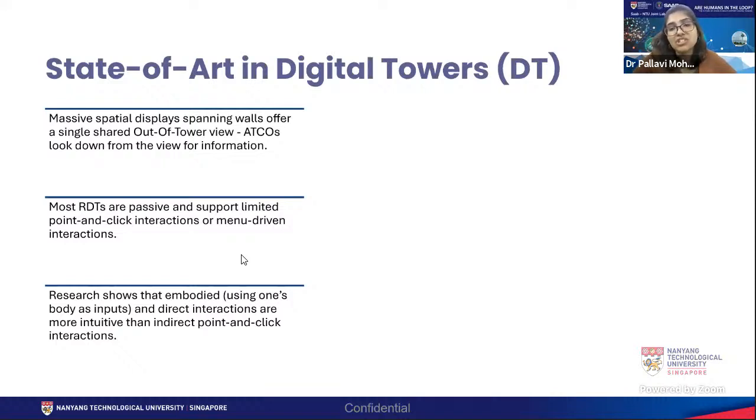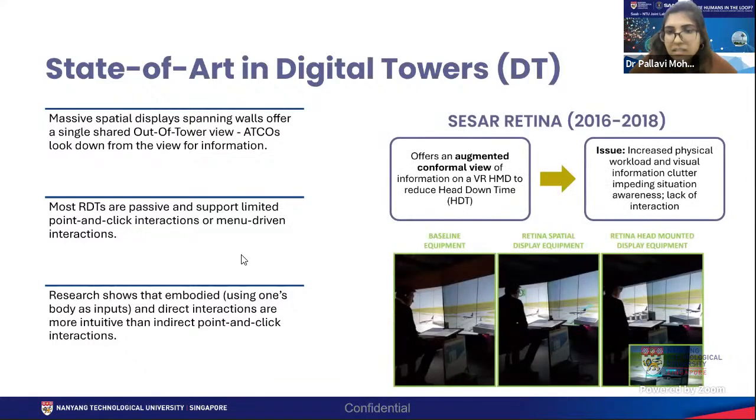Such digital towers offer a single shared out-of-tower view, but the issue here is that controllers need to look down at their individual displays for additional information, which has been shown to decrease their situation awareness. We know of this as the head down time, and we have been on an eternal quest to reduce this time. Presa Retina is a 2018 project that you can see right here.